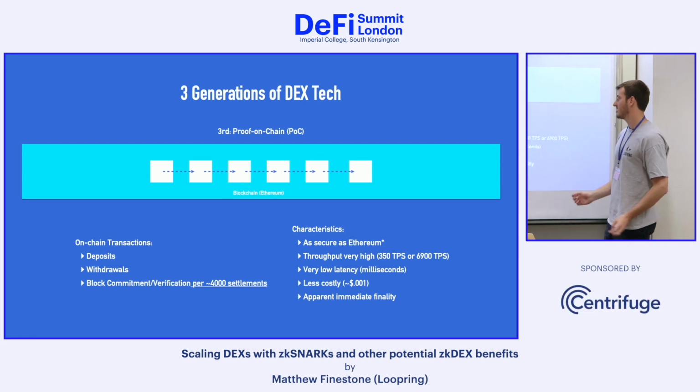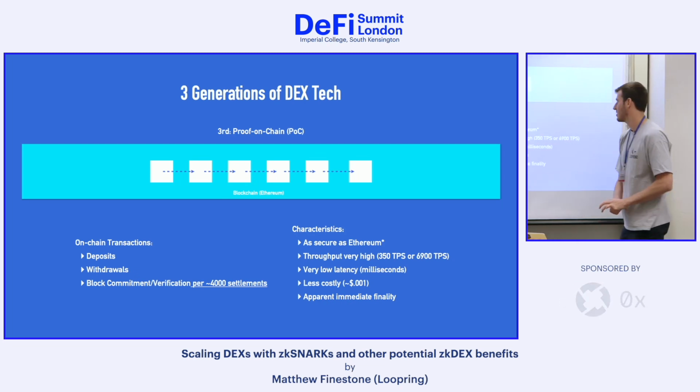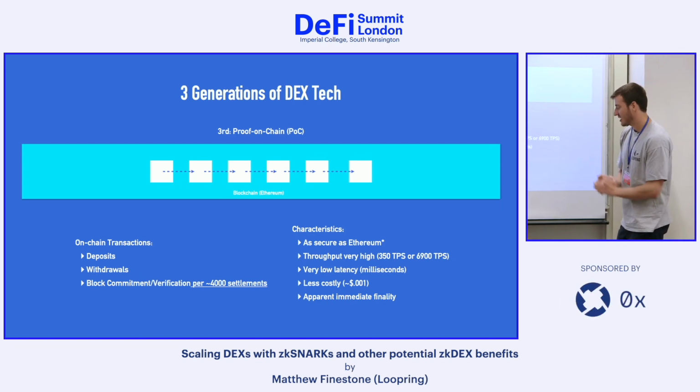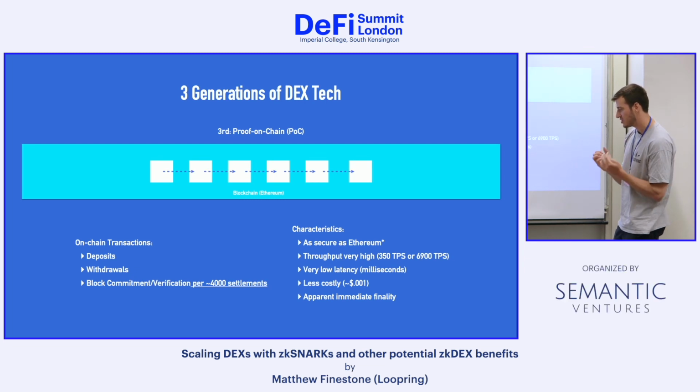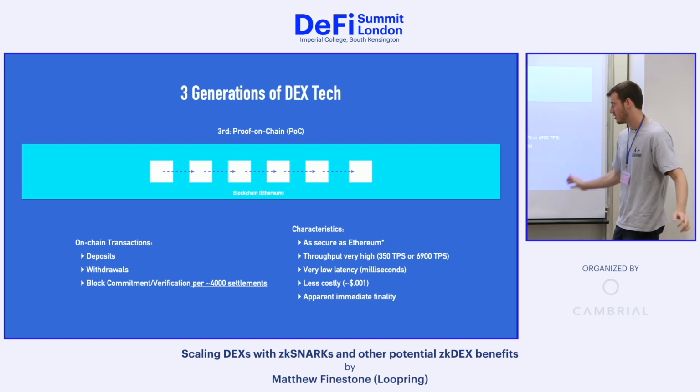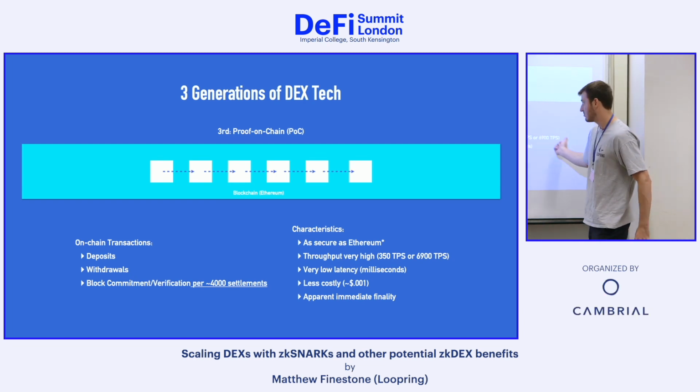So the characteristics, it's as secure as Ethereum. Again, we have an asterisk, which I'll get to in a second, but in our opinion, it was the most secure scaling solution. It provided the best guarantees as an Ethereum-based layer. Throughput is very high.